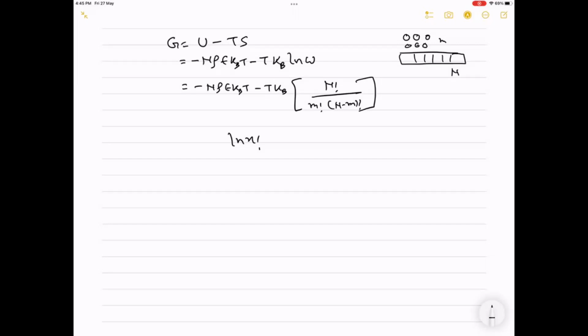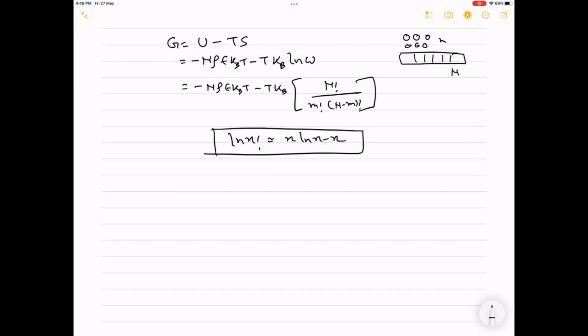Probably you have studied it in physics. I'm sure some of you might have heard of Stirling's approximation, right? Whenever you have a log of a factorial, it can be approximated as x ln x minus x. This is called Stirling's approximation.